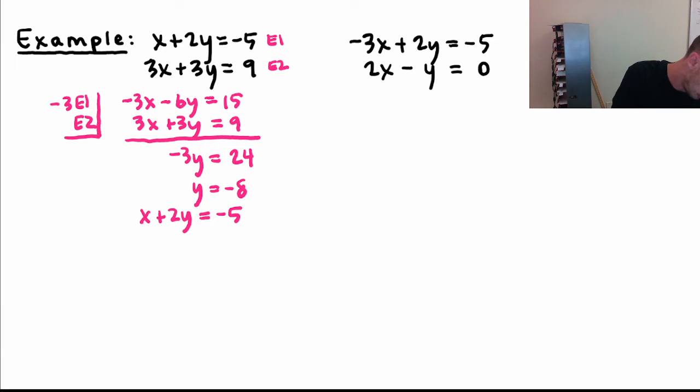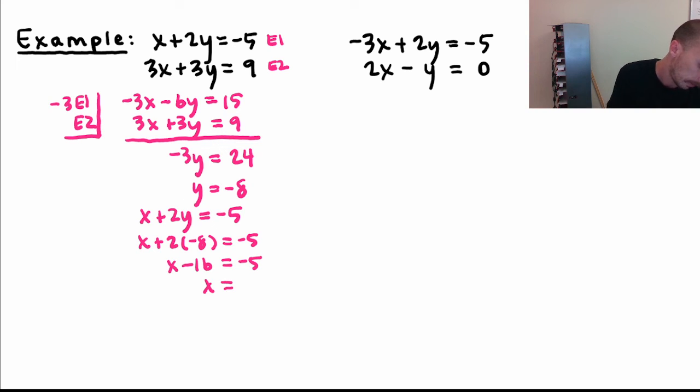Then I'm going to plug in negative 8. So that's x minus 16 equals negative 5. I'm going to add 16 to both sides. 16 minus 5 would be 11. So my solution point is x equals 11 and y is negative 8.